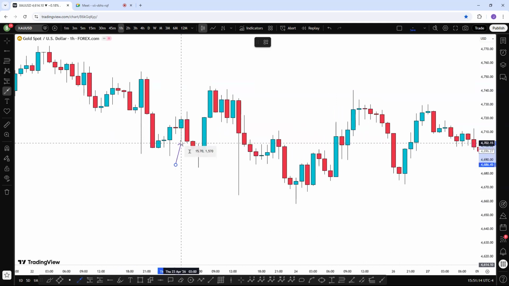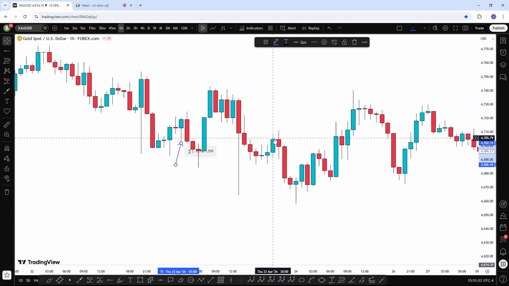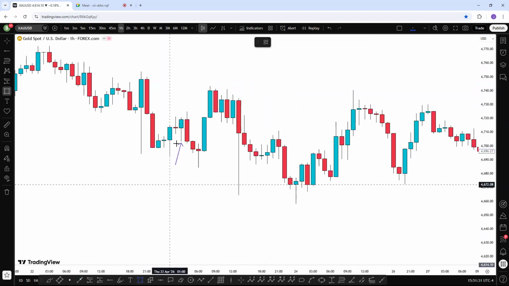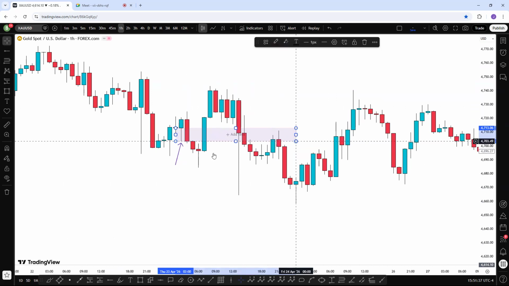For example, this area, manipulation to the outside, and it was negated around here. But if you look left here, during this test, this zone was tested with another manipulation to the downside, another strong HS. You can mark the zone like this.